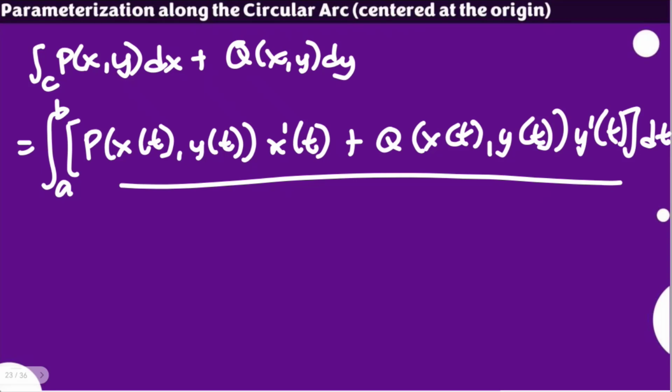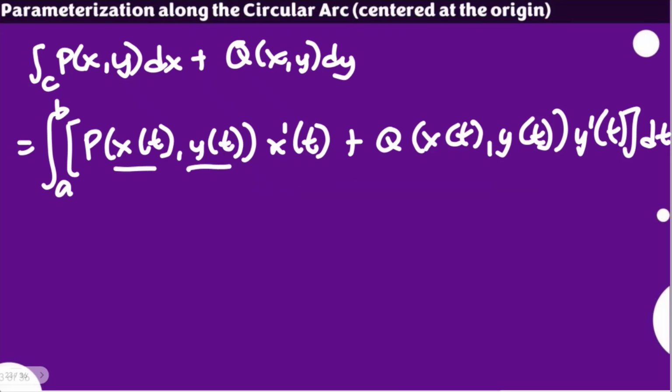The differences would be in your x of t and y of t, depending on the type of functions and, more importantly, the type of path.